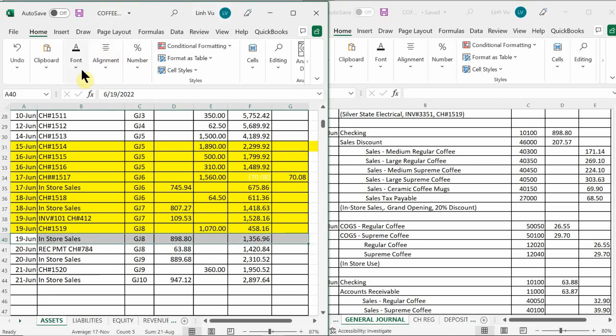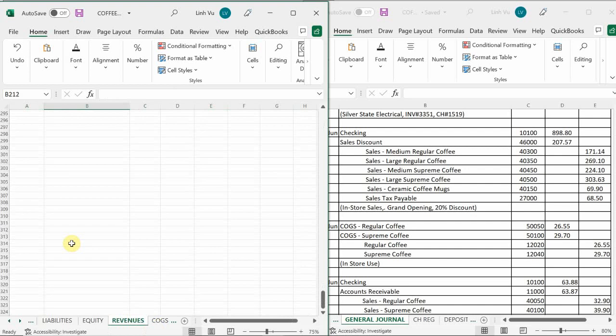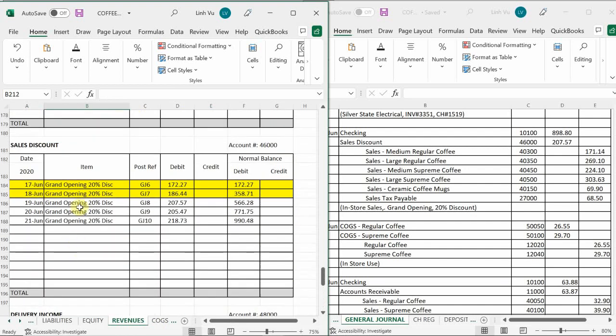Yes, we did. We did receive that money, and it did increase our checking account. We also increased our sales discount. Okay, so here's our sales discount for 207.